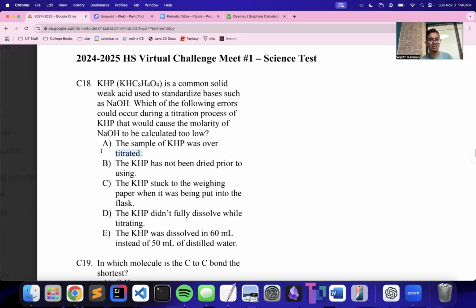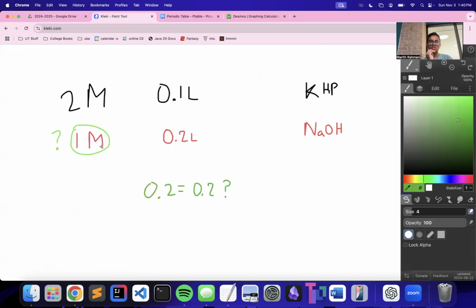So A looks really solid, but let's check the other answers. B: the KHP has not been dried prior to using. So if the KHP has not been dried, what would that mean? Let me think, because the number of moles should still be the same, even if it's not dried. So when we measure the volume of the KHP, this amount right here is actually going to be bigger than usual, right?